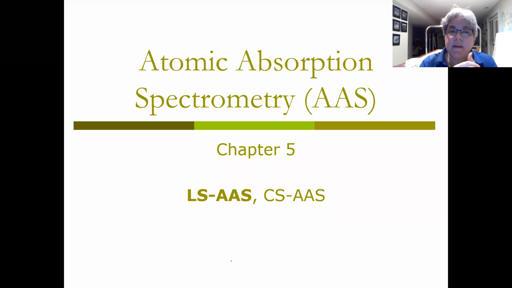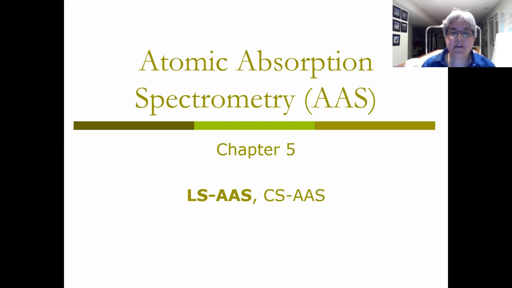We can talk about it as absorption or emission. We can talk about it by the kind of light we use. So Chapter 4 was the absorption by molecules of UV vis. Chapter 5 is the absorption of atoms by UV vis. And we abbreviate that AAS.